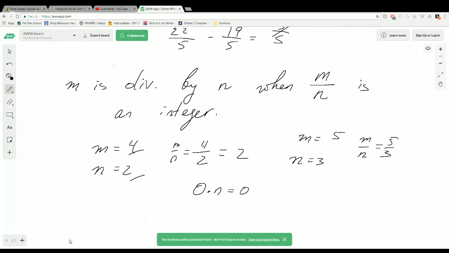So 0 is a multiple of every integer. Think about it. Whatever you plug in for n, 0 times that is going to be 0. So 0 is a multiple of any integer n. What multiple? The 0th multiple. 0 times that n will give me 0.